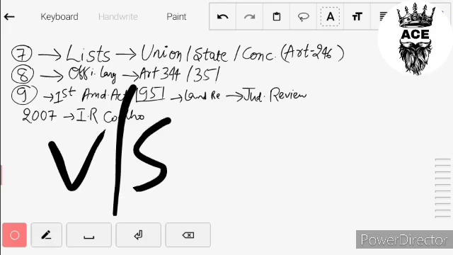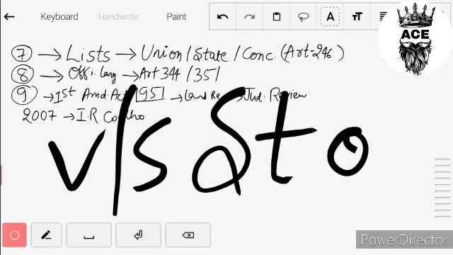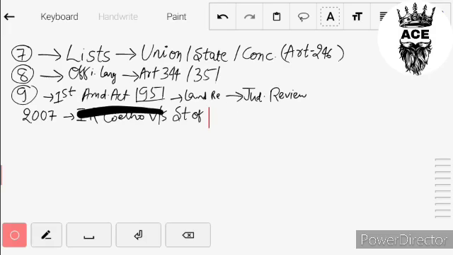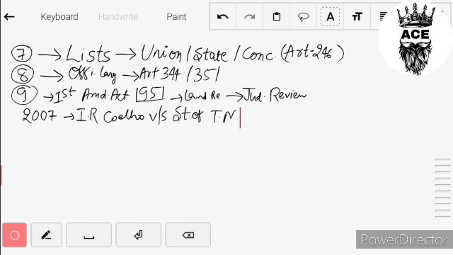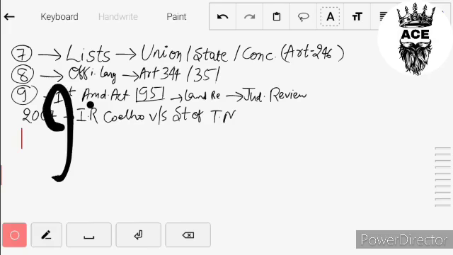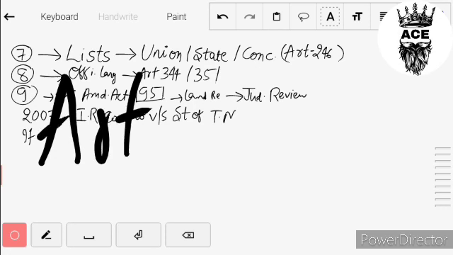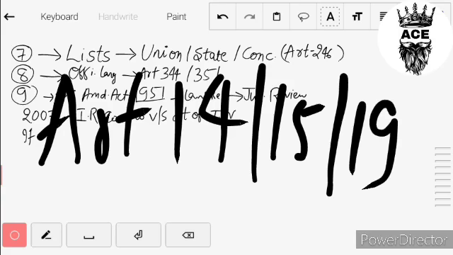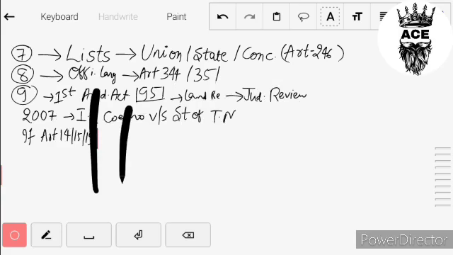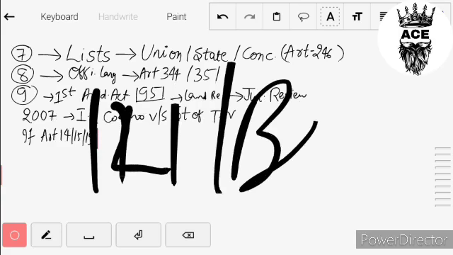IR Coelho versus State of Tamil Nadu case held that the laws included in the Ninth Schedule, if they violate Articles 14, 15, 19 and 21, and the basic structure doctrine, are under judicial review.